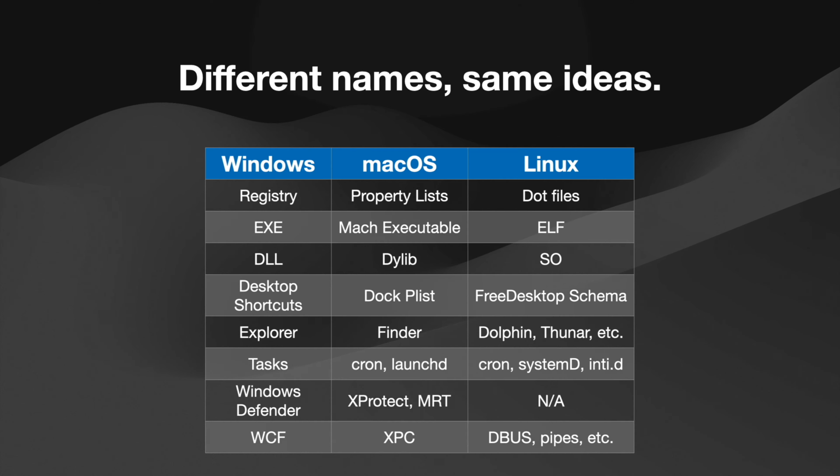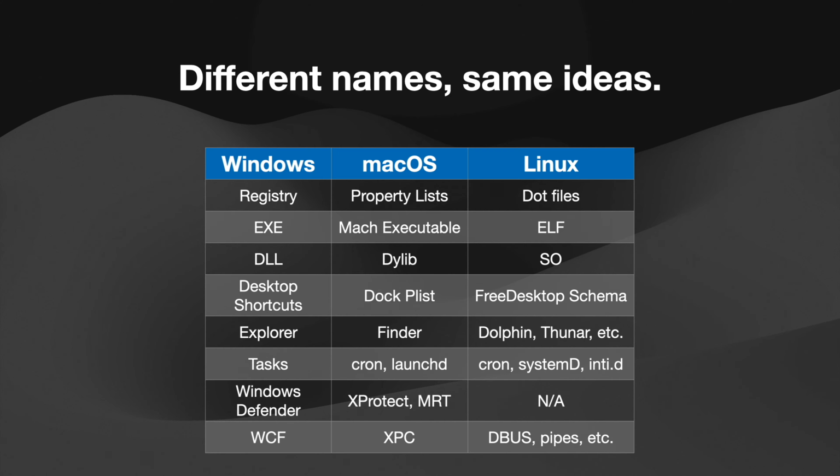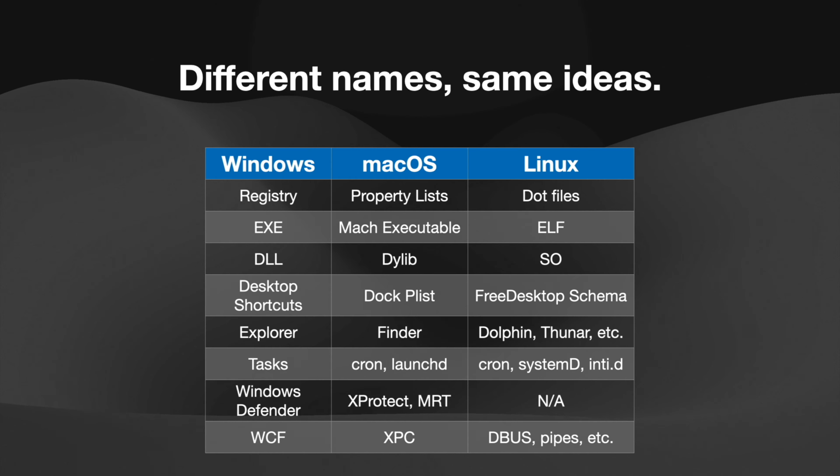Desktop shortcuts are pretty similar to freedesktop schema on Linux. macOS kind of deviates here with the Dock plist. It's just a property list file that lists everything in the Dock. And just like you would modify a desktop shortcut in order to hijack it on Windows, you can do the same thing with the Dock plist.